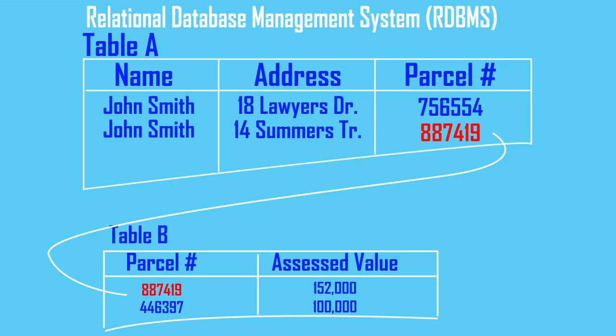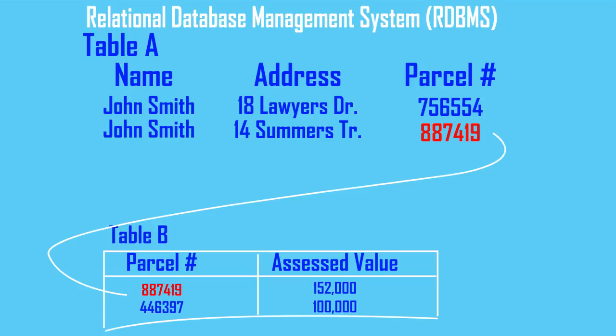That's not possible. When we look at this table, we can see that parcel number is a primary key in table A, and it's a foreign key in table B. And as you can see, it has the same data values. That's how keys work in a relational database.